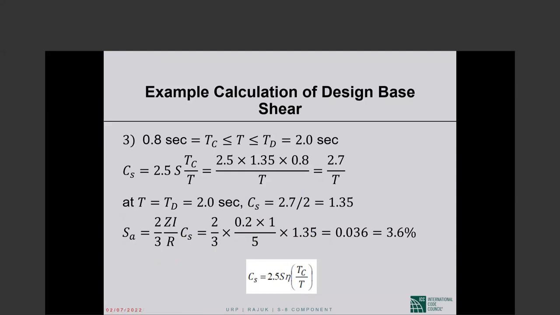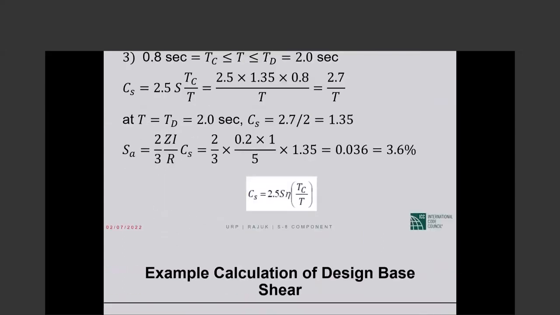So at the beginning of the flat top it is 9% S sub A. That means design base shear would be 9% of the seismic weight. At the end of the ramp, it is the same thing, 9%. At the end of the descending branch, when we hit T sub D, the S sub A is down to 0.036 from 0.09.